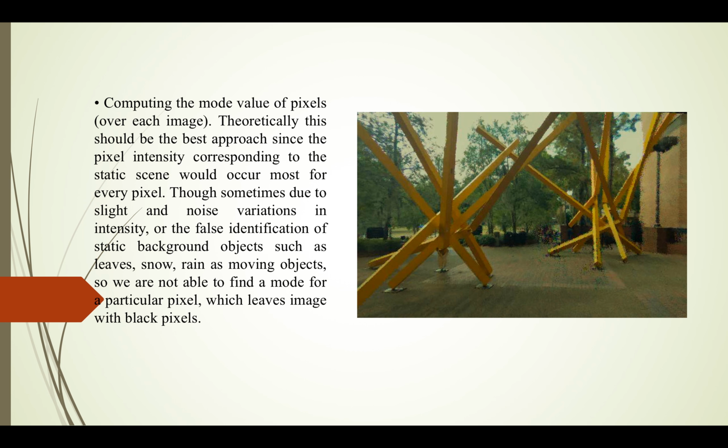As for the second approach, which is computing the mode value of pixels. Theoretically, this should be the best approach since the pixel intensity corresponding to the static scene would occur most often for every pixel. Though sometimes, due to slight noise variations in intensity or the false identification of static background objects such as leaves, snow, rain, or shadow as moving objects, we are not able to find a mode for a particular pixel, which leaves the image with black pixels.